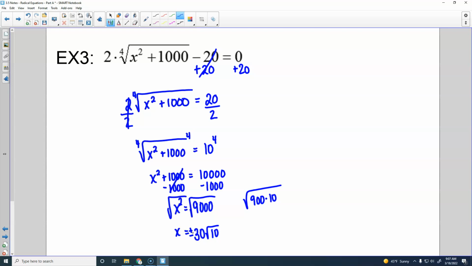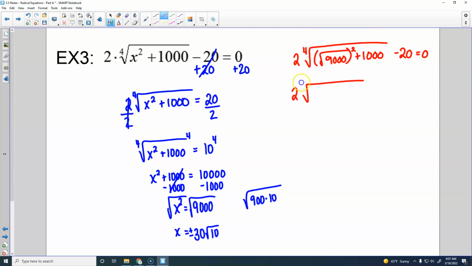You do always want to check these. So 2 times the 4th root of, I'm just going to go, square root of 9,000 squared plus 1,000 minus 20 equals 0. So you've got 2 times the 4th root of the square root of 9,000 squared, which is 9,000, plus 1,000.